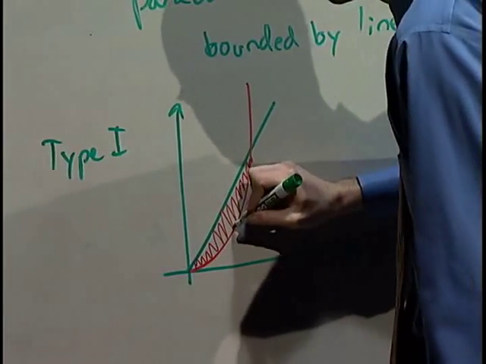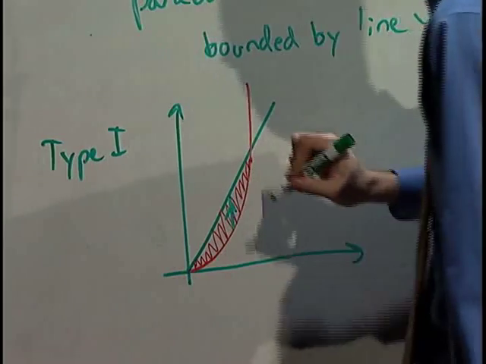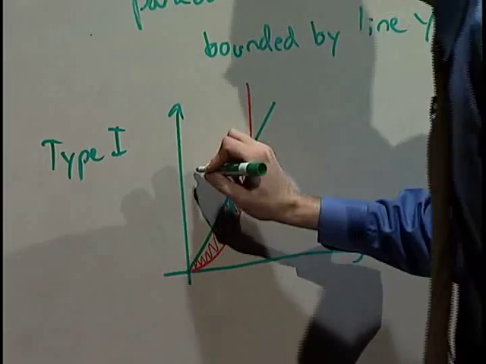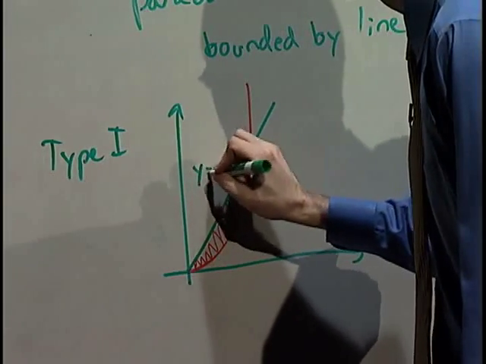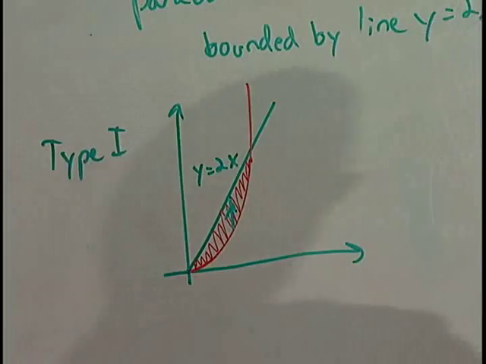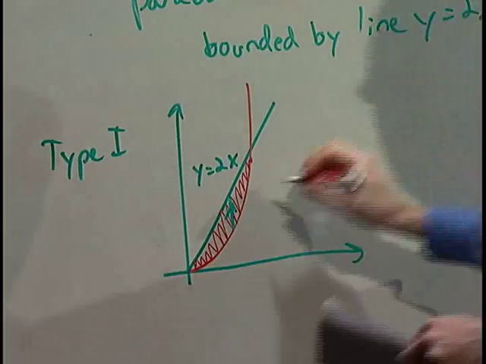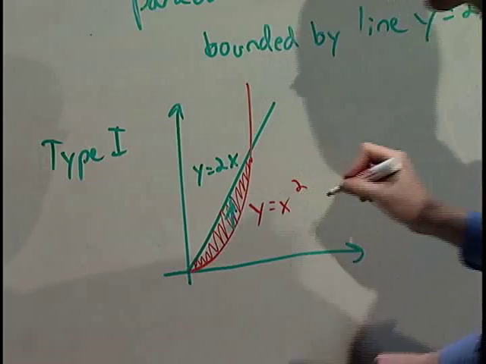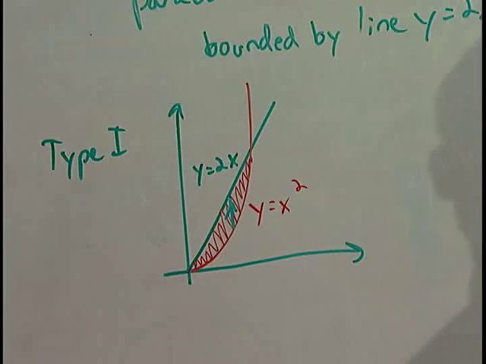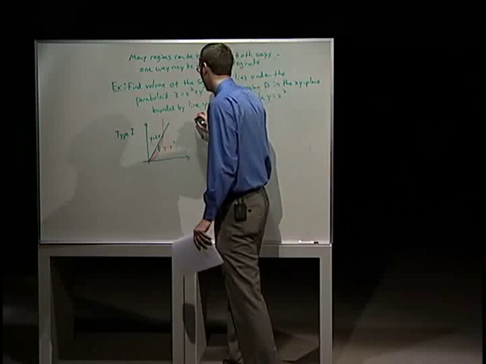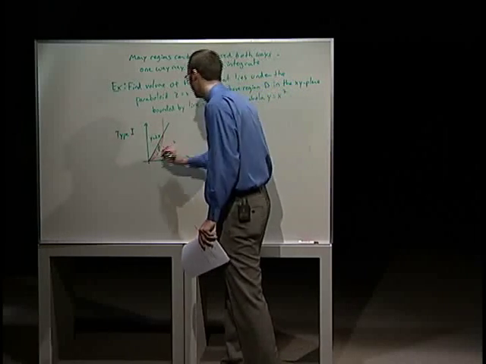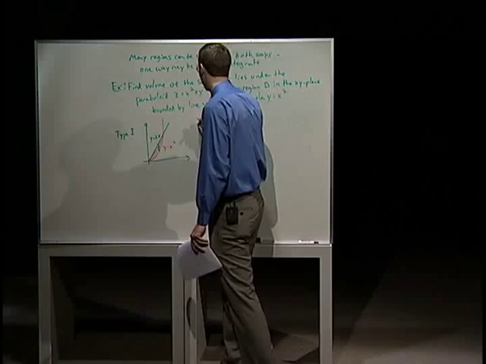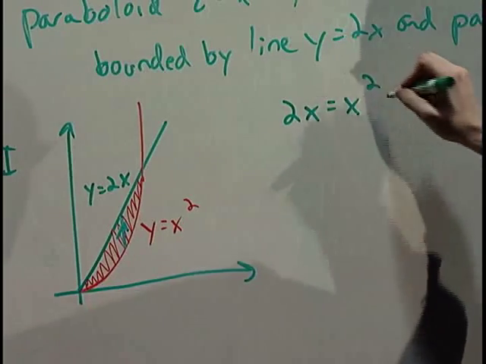So we're sort of going from top to bottom like that. Our upper curve is y equals 2x. Our lower curve is y equals x squared. What are our limits of integration? For the x values, where is 2x equal to x squared?